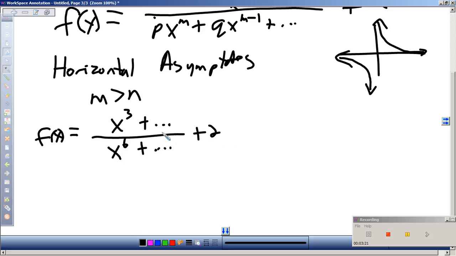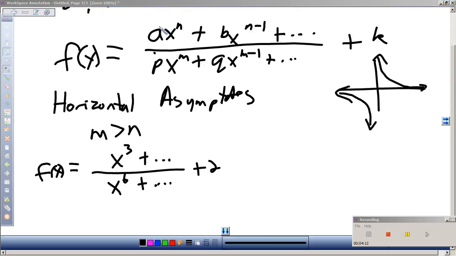So this is what I talked about when I talked about the end behavior. So if we have this form, we get the asymptote, actually I'm going to change color to make it stand out a little bit, y equals k. So whatever k is, that's what our asymptote will be.